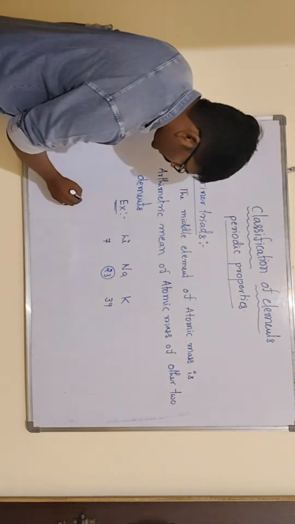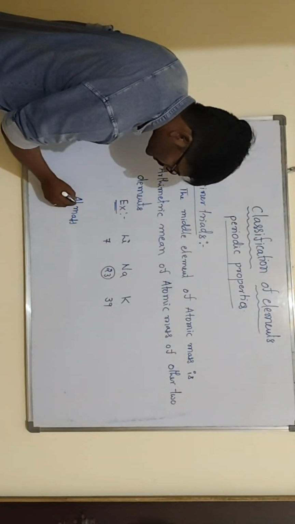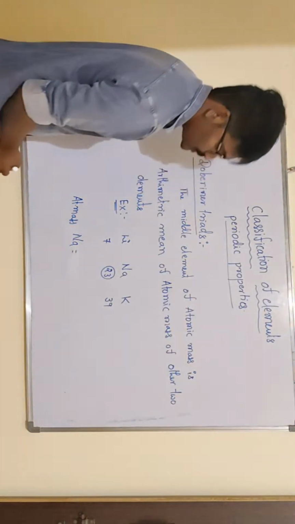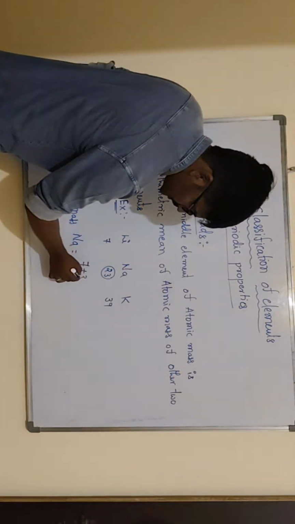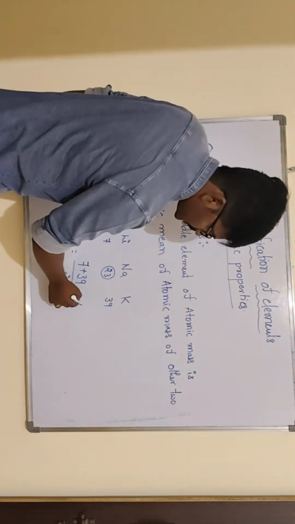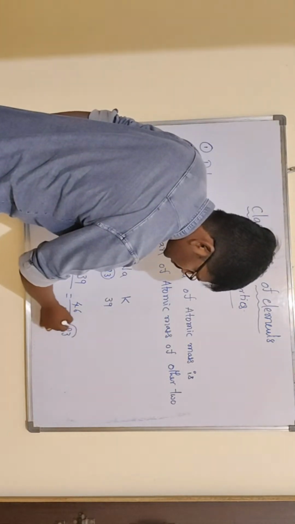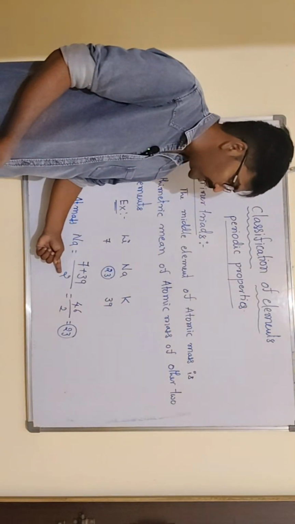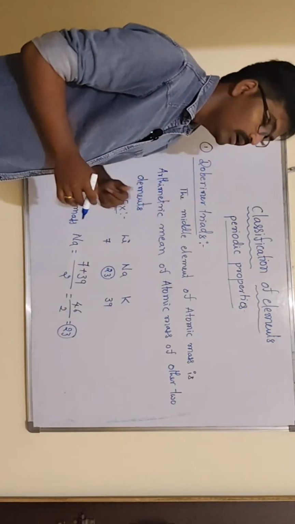Now the atomic mass of the middle element, sodium, is equal to the arithmetic mean of the other two elements. So 7 plus 39 divided by 2. 7 plus 39 is 46, and 46 divided by 2 is 23. So if you take the arithmetic mean of the atomic masses of the other two elements, you get the atomic mass of the middle element. These are Dobereiner triads.